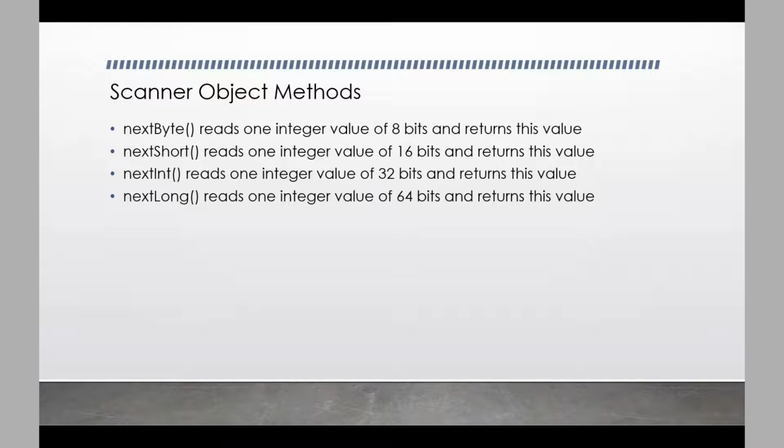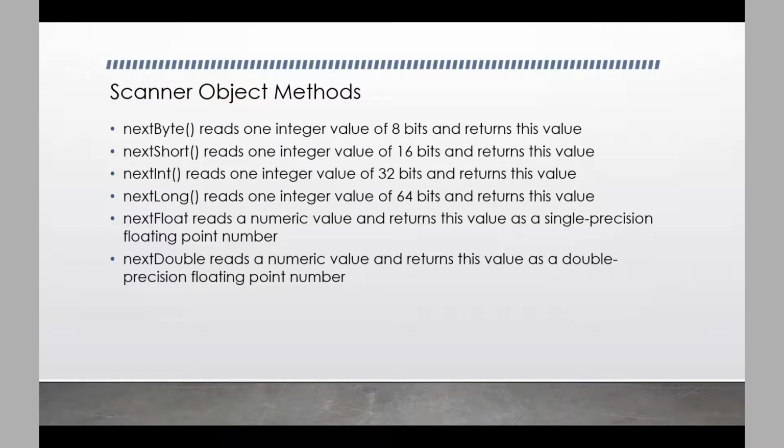For example, if I attempt to apply nextByte and return an 8-bit value, but I've entered a value that is greater than can be represented in 8 bits, the system throws an exception. The thing to note, once again, is that we're reading from a character stream or an input stream and converting the value to an integer.